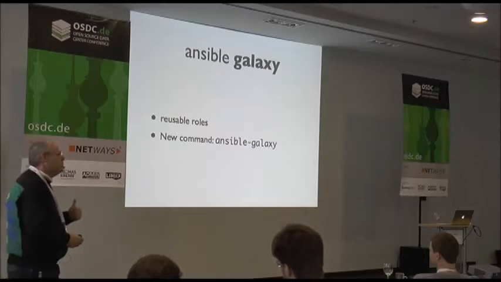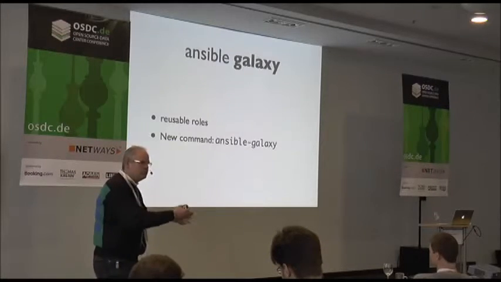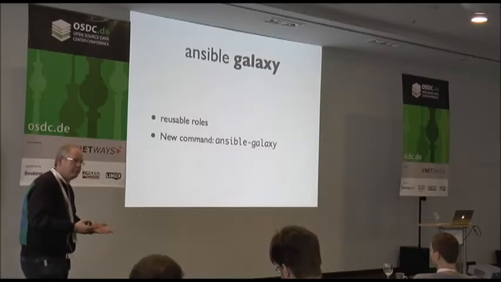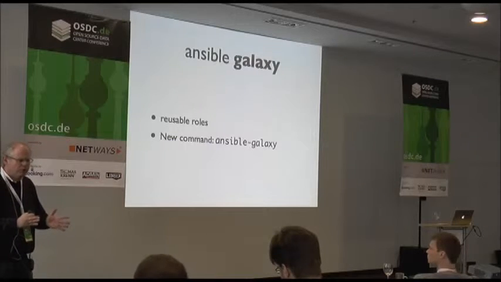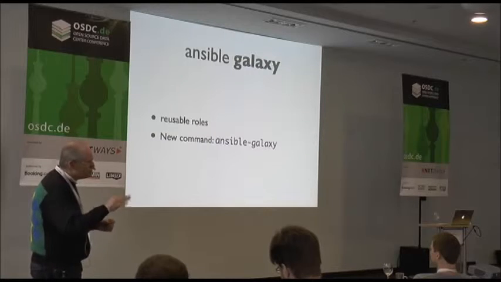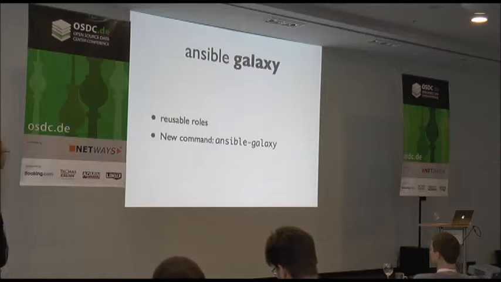And that allows me, as a potential user of that role, with the new command ansible-galaxy, to simply download that role and start using it. I think so far there must be about 400 roles on Ansible Galaxy. And there's a voting system. You can rate them whether they're good or not good, etc. Quite interesting.